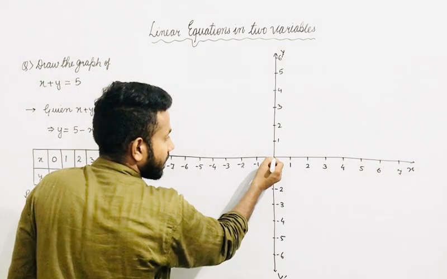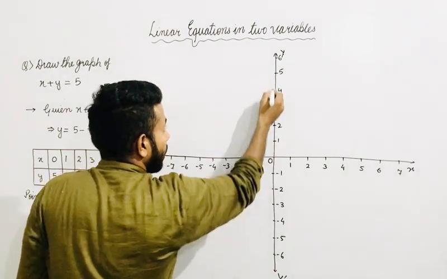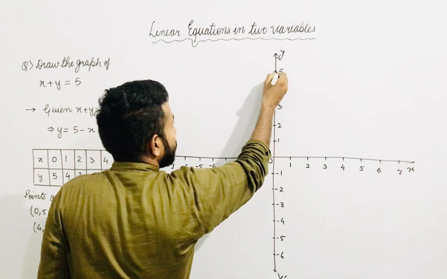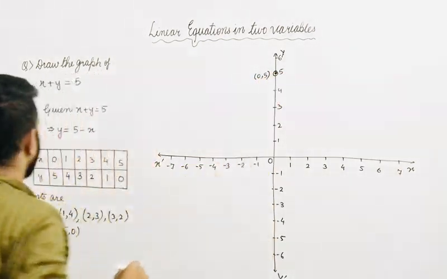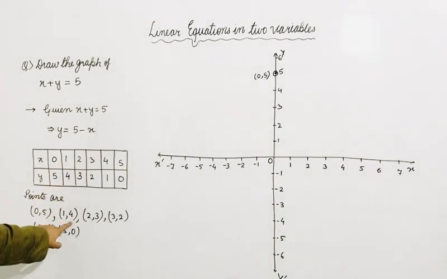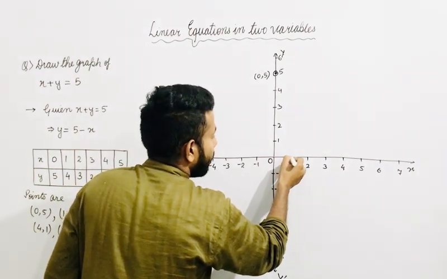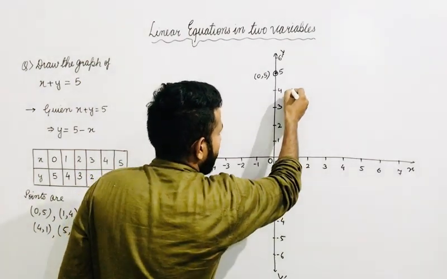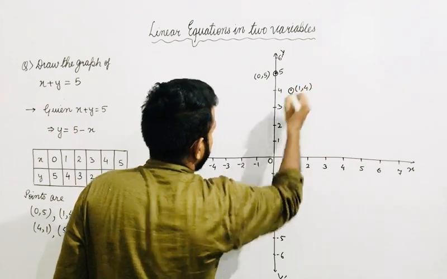Stand on x and move till 5. Move here. So this point is (0, 5). Now the next point, (1, 4). Stand on x and move till y, perpendicular. This is (1, 4).